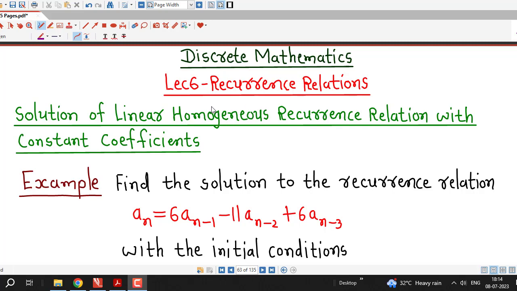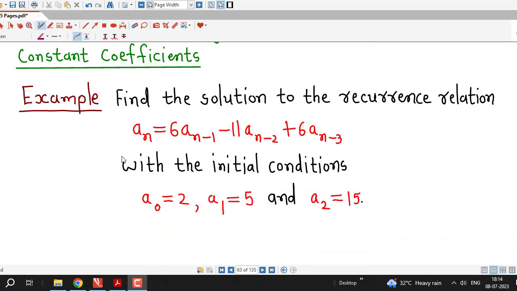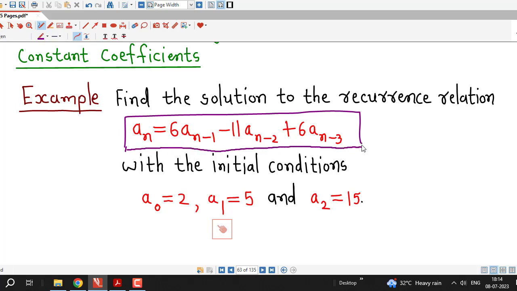If you have seen lectures 1 to 5 on recurrence relations, then you might be familiar that to solve the recurrence relation, first we have to write down the characteristic equation corresponding to that recurrence relation. And to write down the characteristic equation, we replace an by r raised to n.